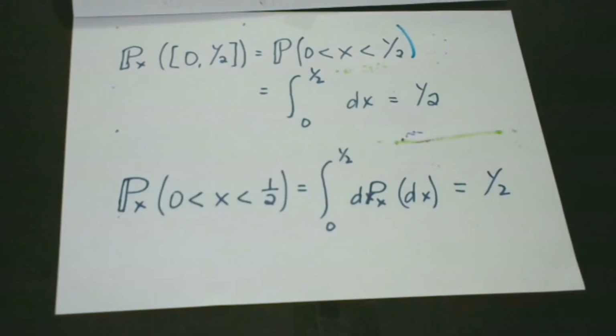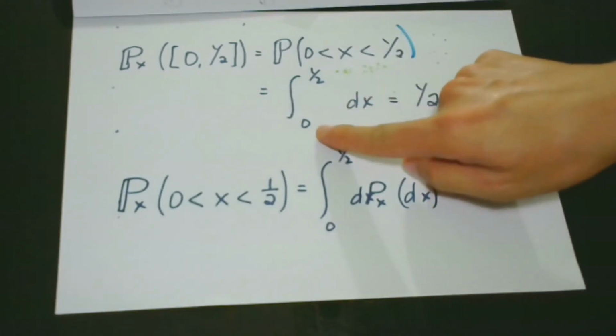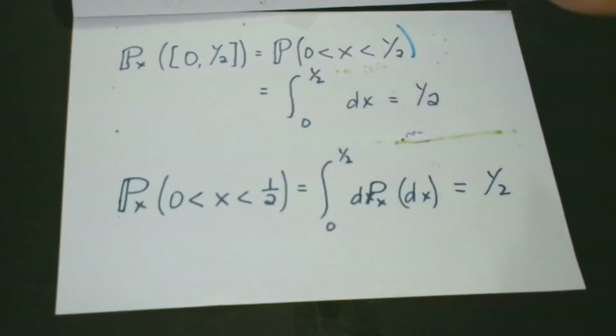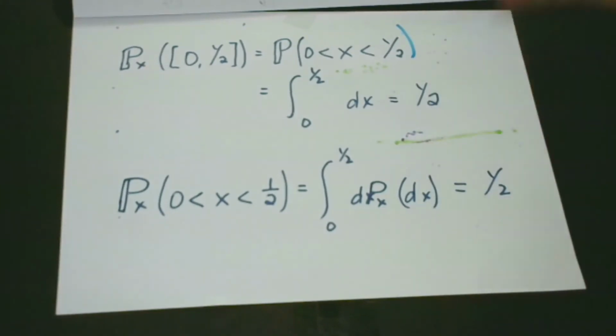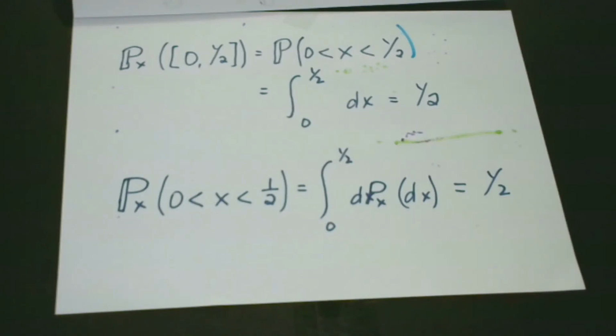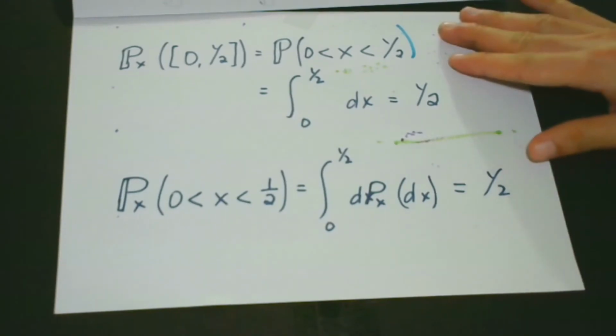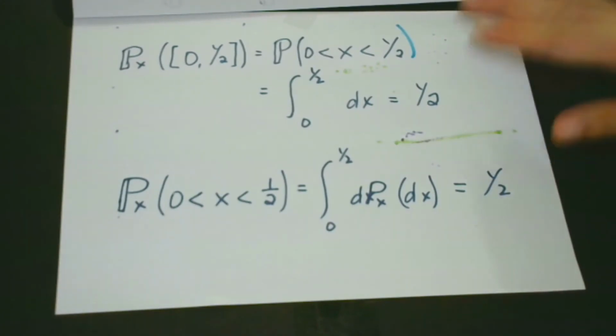This can be written in this integral. We have from 0 to 1/2 dx, this is equal to 1/2. If we compute this, the result would still be 1/2. That is, the probability of a certain event from 0 to 1/2 is 1/2.